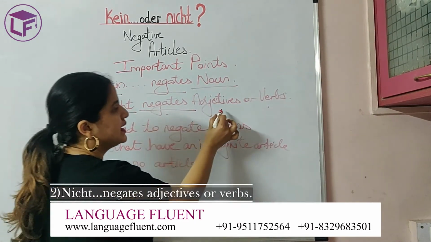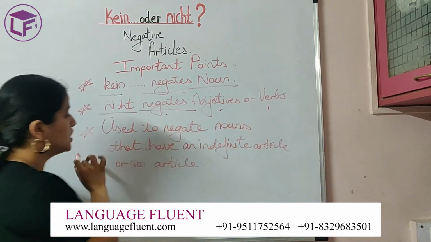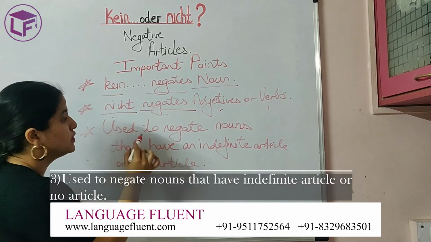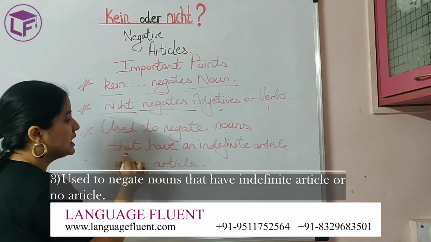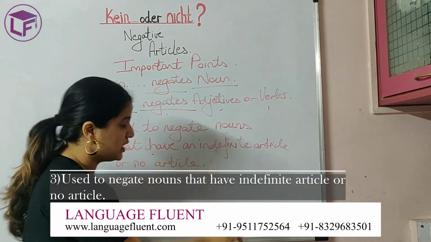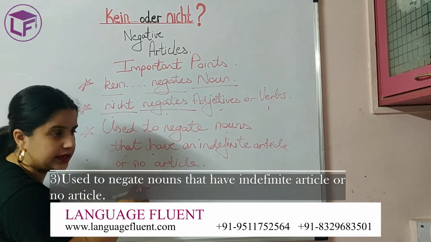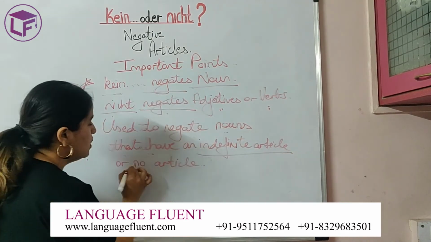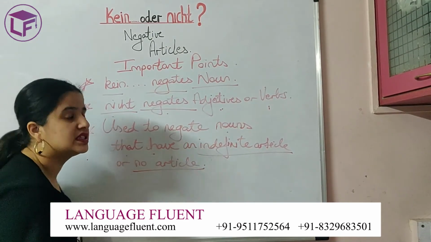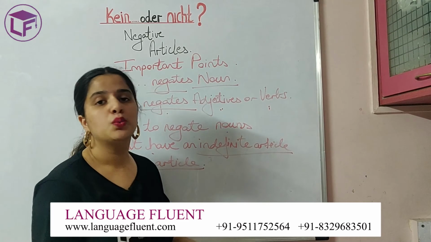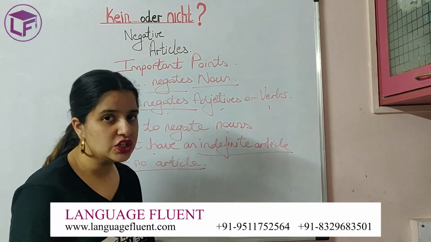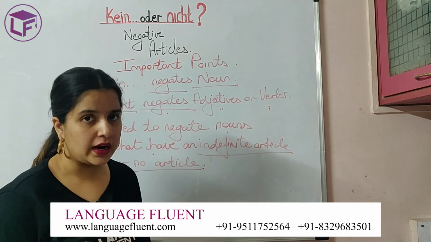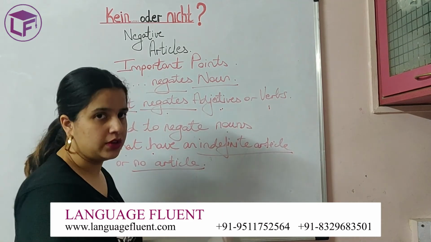Third and the last point, kein is used to negate nouns that have an indefinite article or no article. So when we see a definite article, bestimmt article, we don't use kein, we use nicht as we have seen in the example. And when we have an indefinite or no article, we use kein, keine or kein.